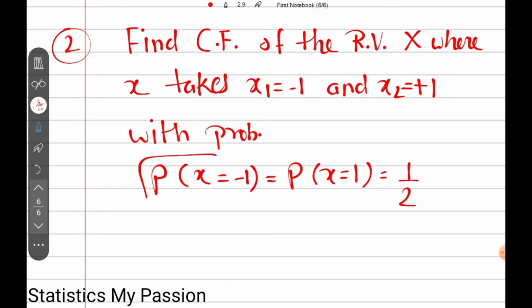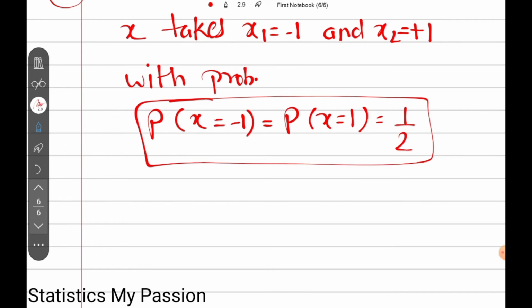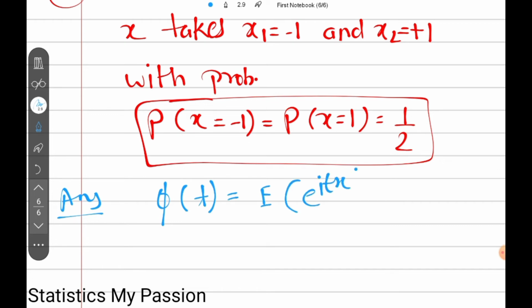So this is the probability of plus 1 and minus 1, each equal to 1 by 2. Now the question is, how can we find the characteristic function? First of all, we write the form of the characteristic function: phi(t) is equal to the expectation of the exponential of itX.